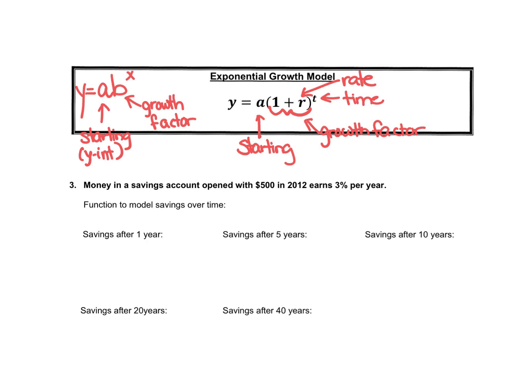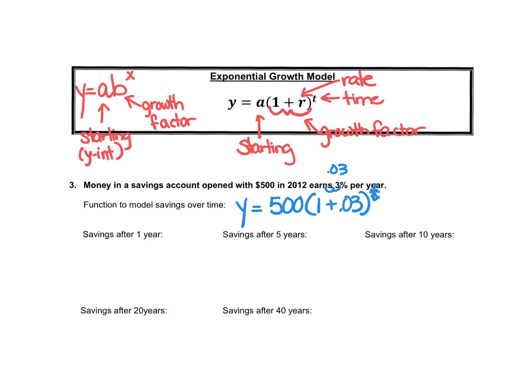All right, for number 3, we have money in a savings account opened with $500 in 2012 that earns 3% per year. So our function will have y is equal to, and we put in $500, and then we're going to have 1 plus 0.03, then to the x power, or I should say to the t power, because we were talking about the time there.